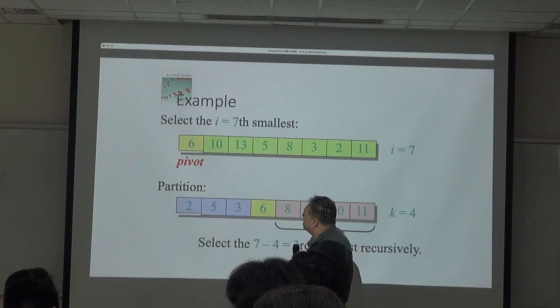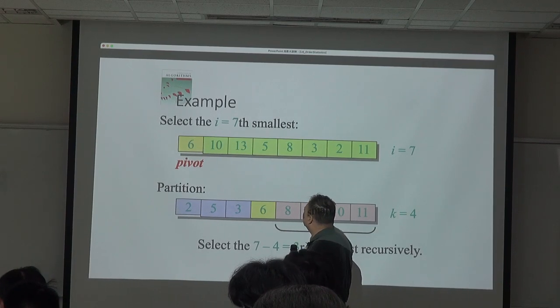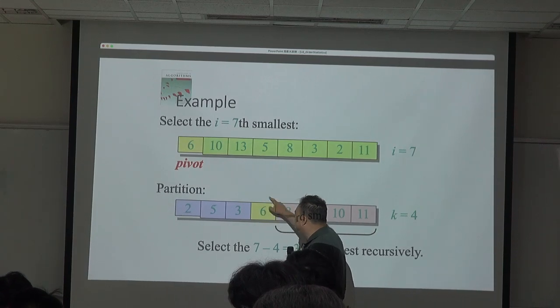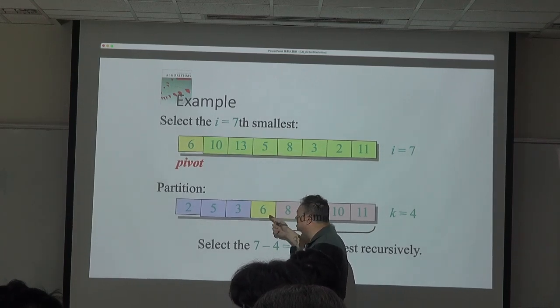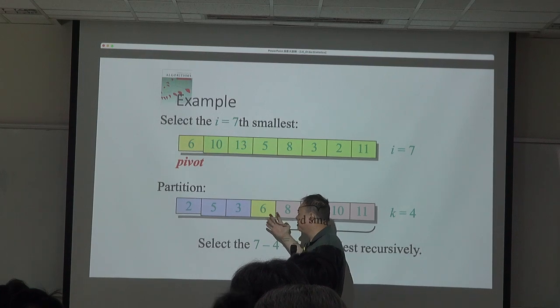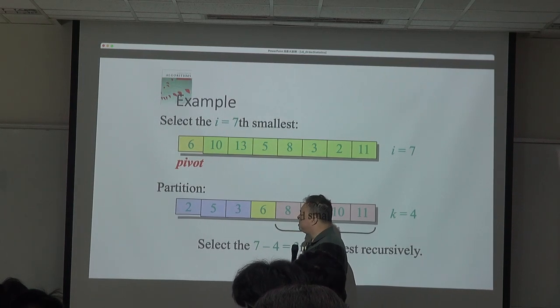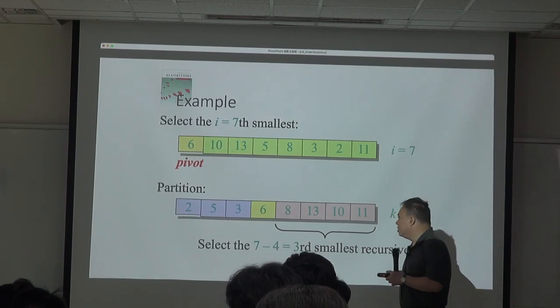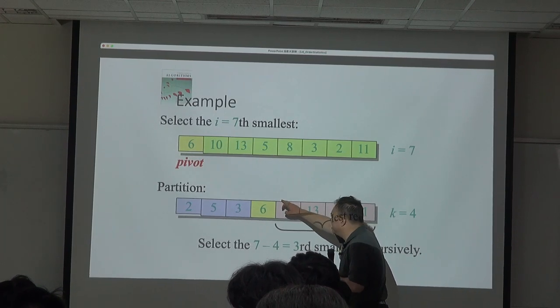Because we are trying to find the 7th smallest number, and here we are returning the index, the index here is 4, right? Obviously 4 is smaller than 7, so the number you are trying to find is here.